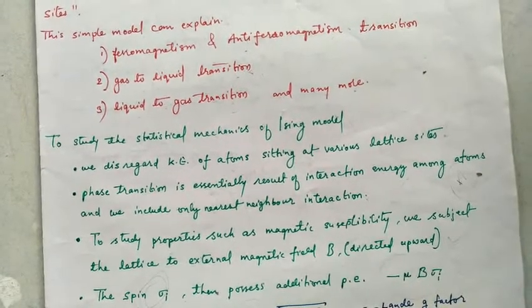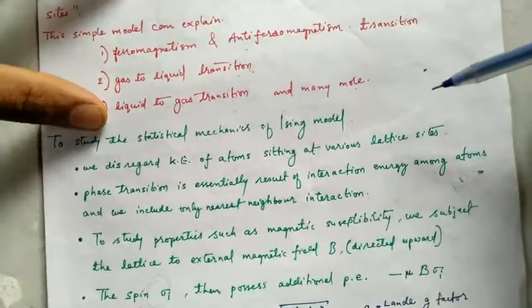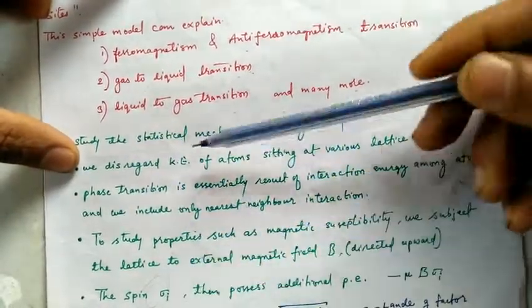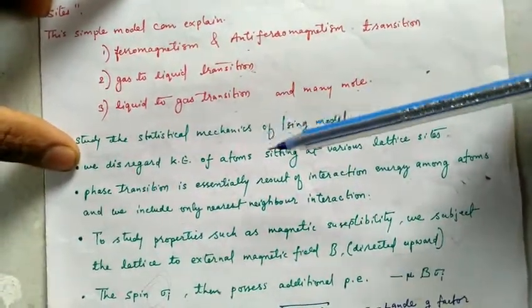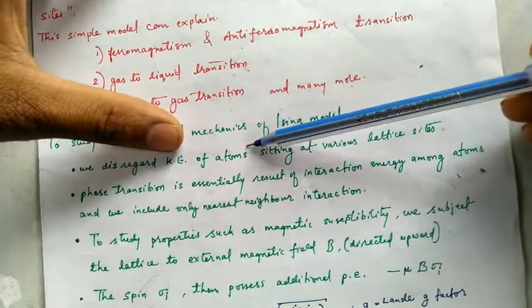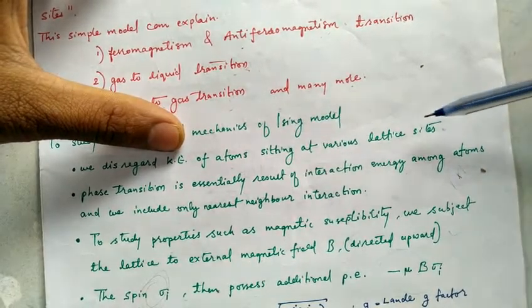So friends, to study the statistical mechanics of the Ising model, we take some assumptions. The assumptions are as follows. We disregard the kinetic energy of atoms which sit at various lattice sites.